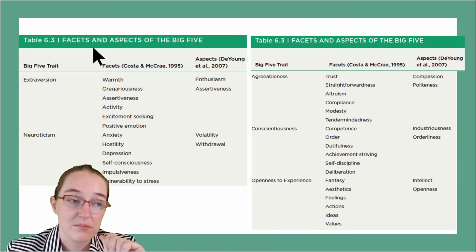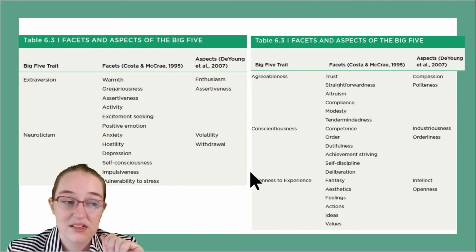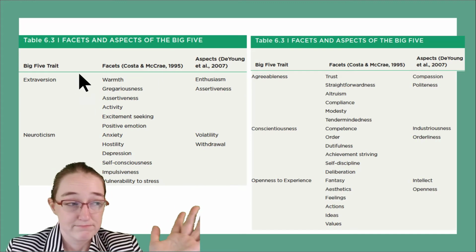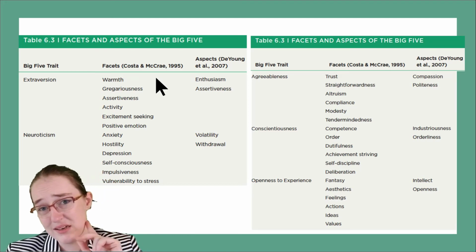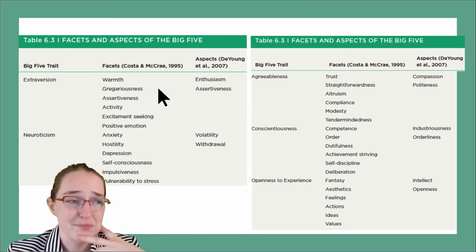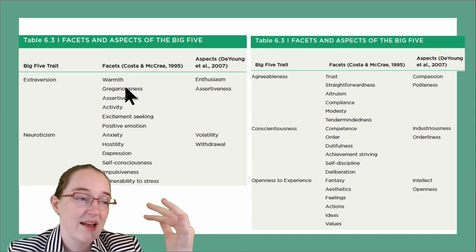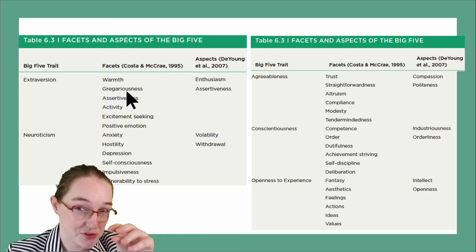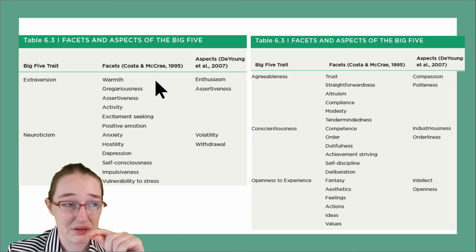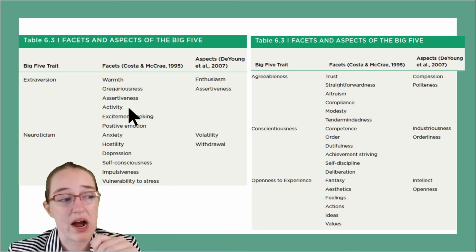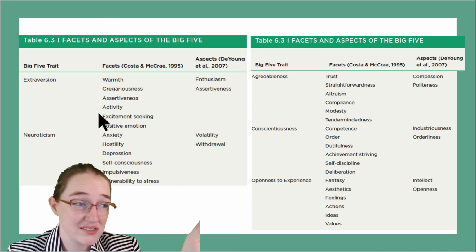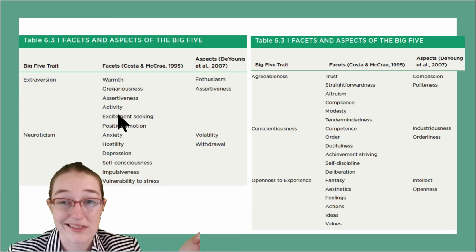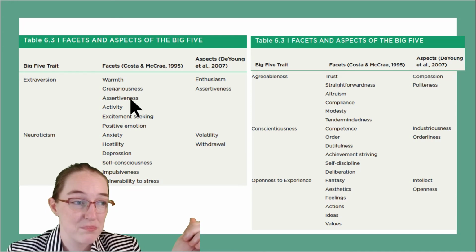Now, the difference between these facets and these aspects is more theory and debate than anything, but they both give you a sense of the different ways you can be extroverted. On average, people who are high on activity are also pretty high on warmth, but it's not deterministic, so you can be high on excitement but not be super assertive.